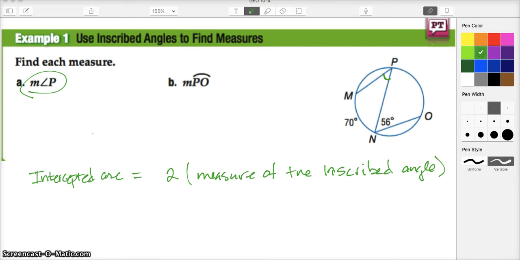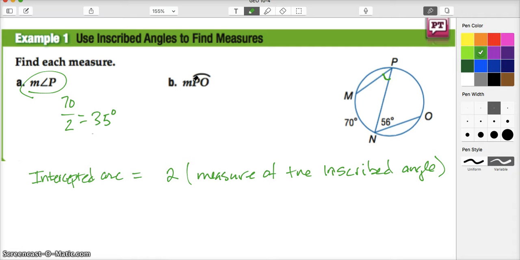So with that in mind, the relationship between P and arc MN has to be 1/2. Therefore, this angle here is going to be half of 70 degrees, which is 35 degrees. I hope that makes sense.